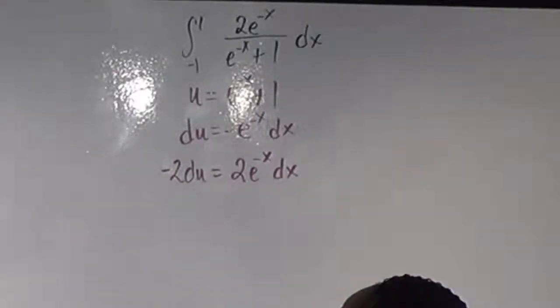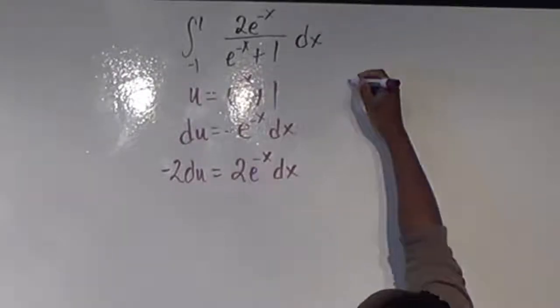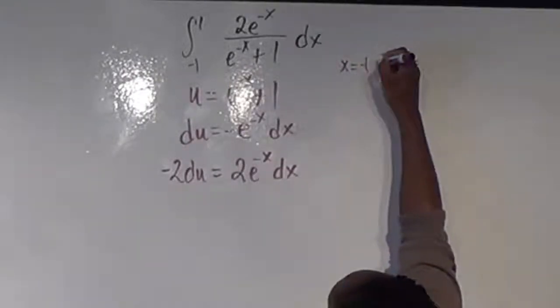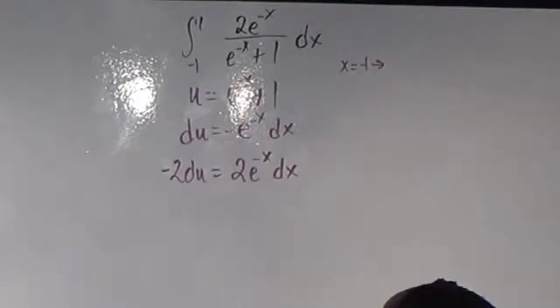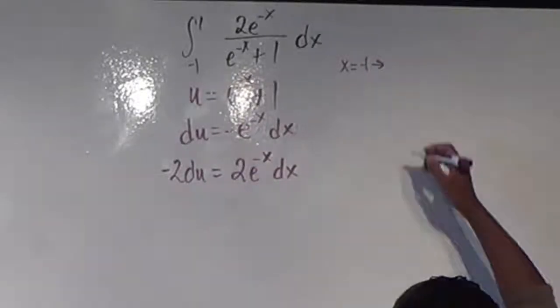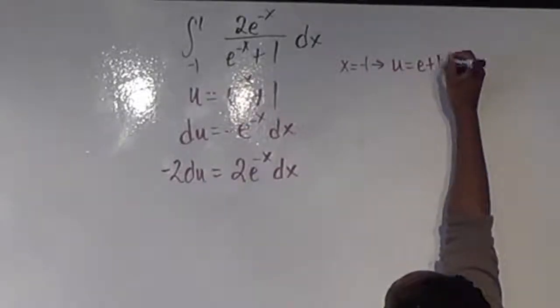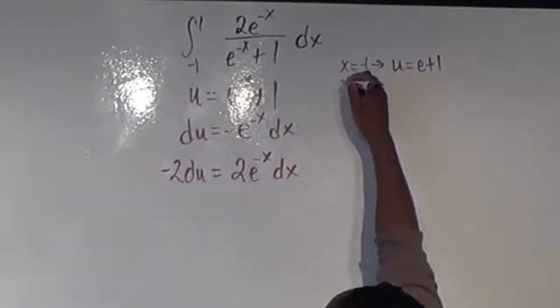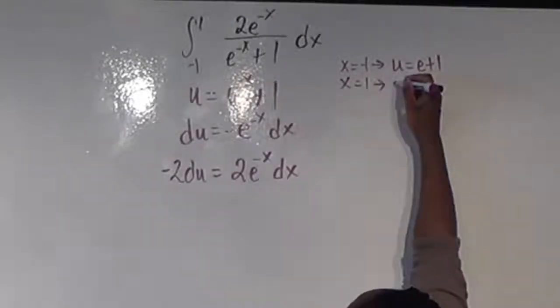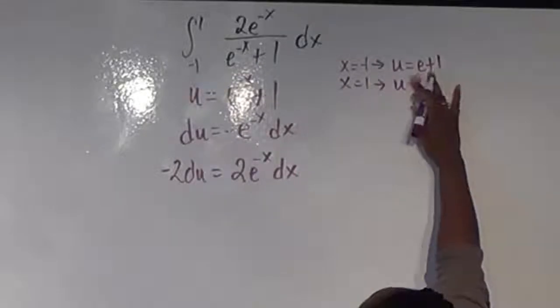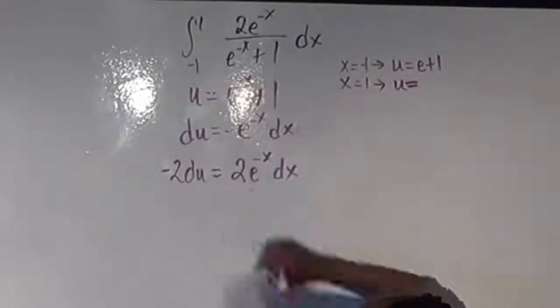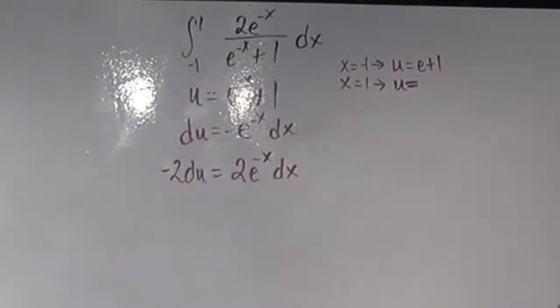Here again, I'm going to change my limits. So when x is negative 1, we can see we'll plug in, we'll get e plus 1. And when x is 1, we see that u is going to equal e to the negative 1 plus 1.